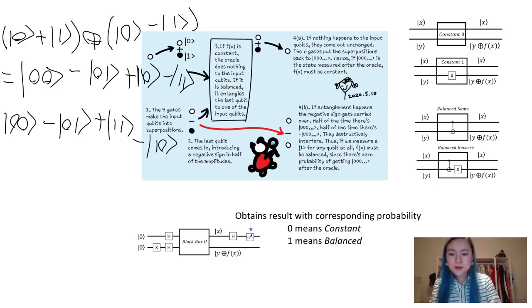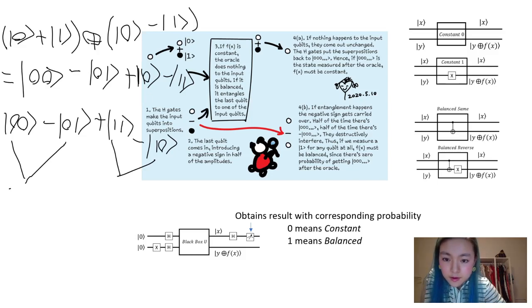Then what's happening is that you have these negative amplitudes here, so it will bring destructive interference. So if you want your first qubit to be 0, and then your first qubit to be 1, actually it doesn't really matter.